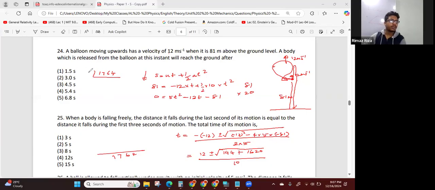Let's divide by 4. We can divide by 4. So 4 into 17 is 4, remains 1, so 441. Then 441 is actually 21 squared.